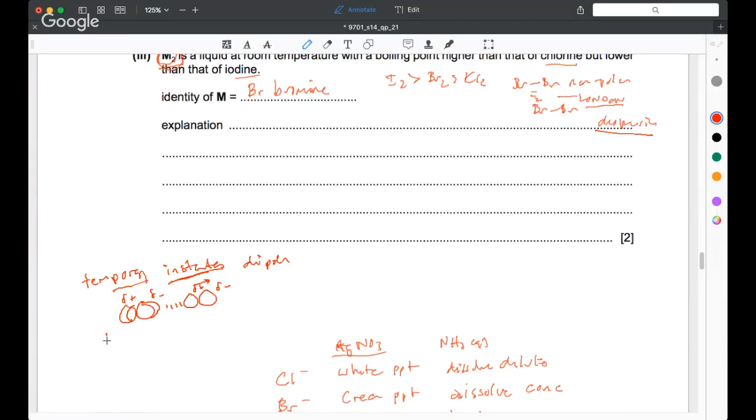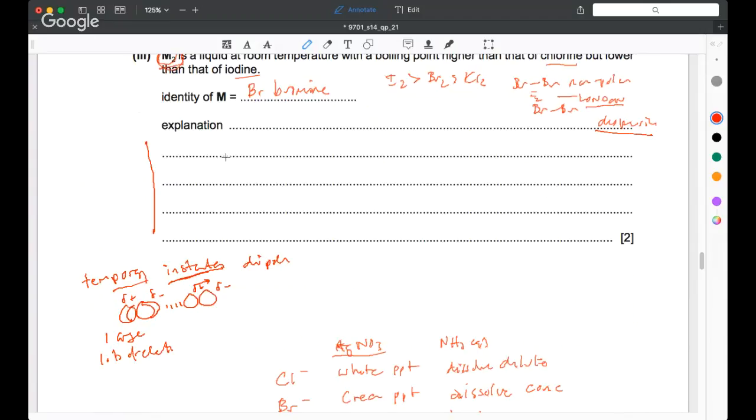So if you've got a large atom or molecule, and if you've got lots of electrons, then this polarization that's happening here, this induced dipole, is going to be happening much more easily than if we had a small molecule with tightly bound electrons and a small number of electrons. So you've got to get all that kind of language into this explanation here.